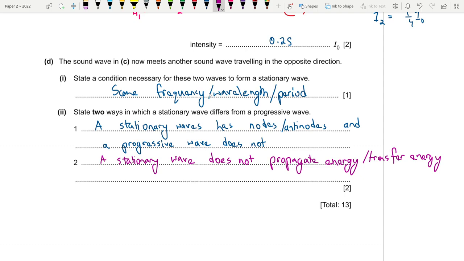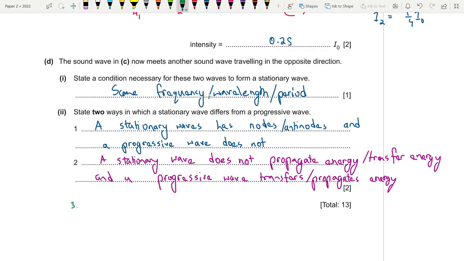Okay. And a progressive wave does transfer energy, right? Transfers or propagates energy.